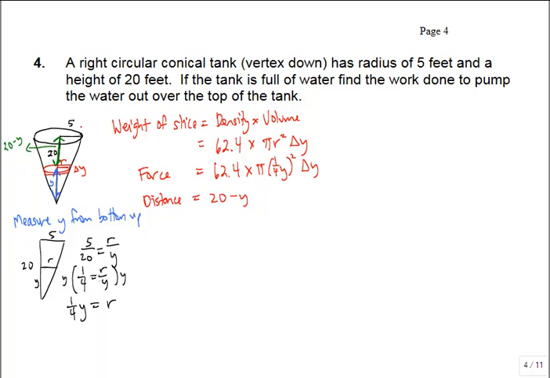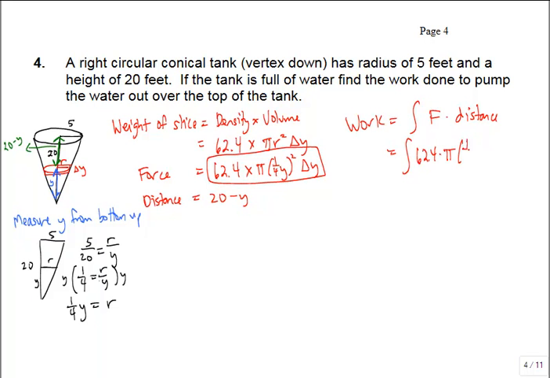So my work integral is going to be my force times my distance. This is going to become my force function, which is all of this. So 62.4 times pi times 1/4 y squared.